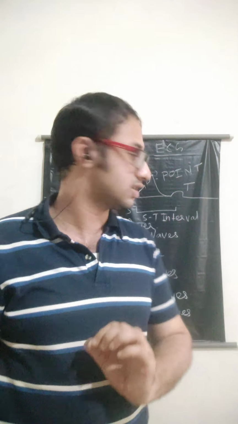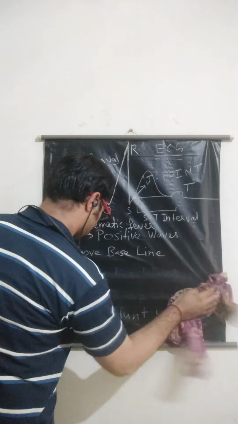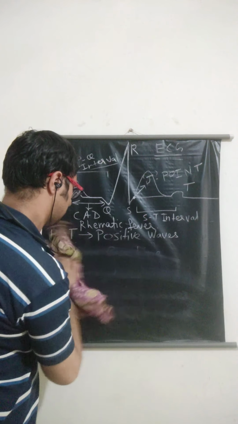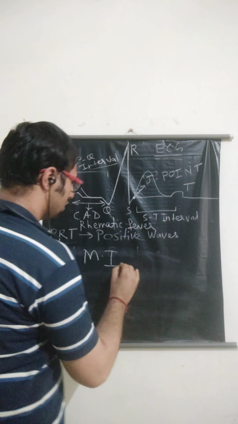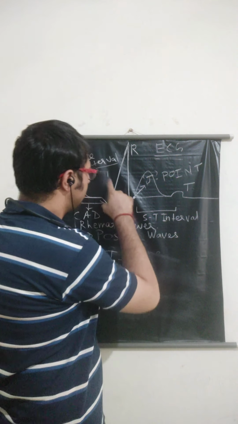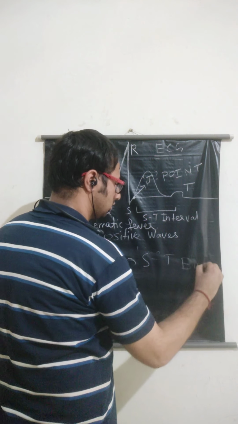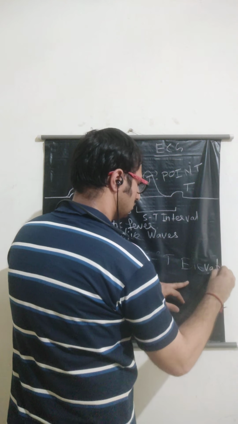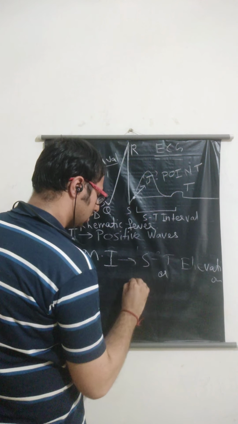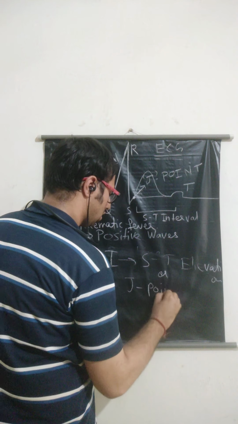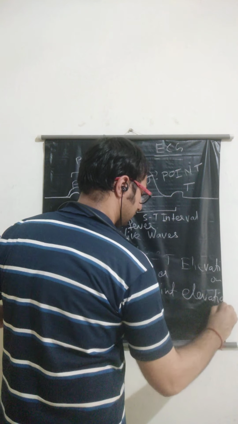Why is it caused? First of all, one thing here I want to tell you. Myocardial infarction, by seeing the ECG: ST elevation, which is also called J point elevation.